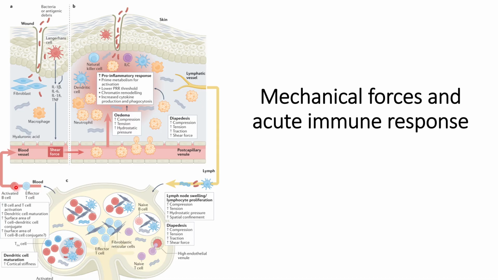Then they go into the circulatory system through the blood vessels and reach the site of infection, and there the activated B cells and T cells act upon the bacteria or antigenic debris that contains those antigens provided by the dendritic cells.